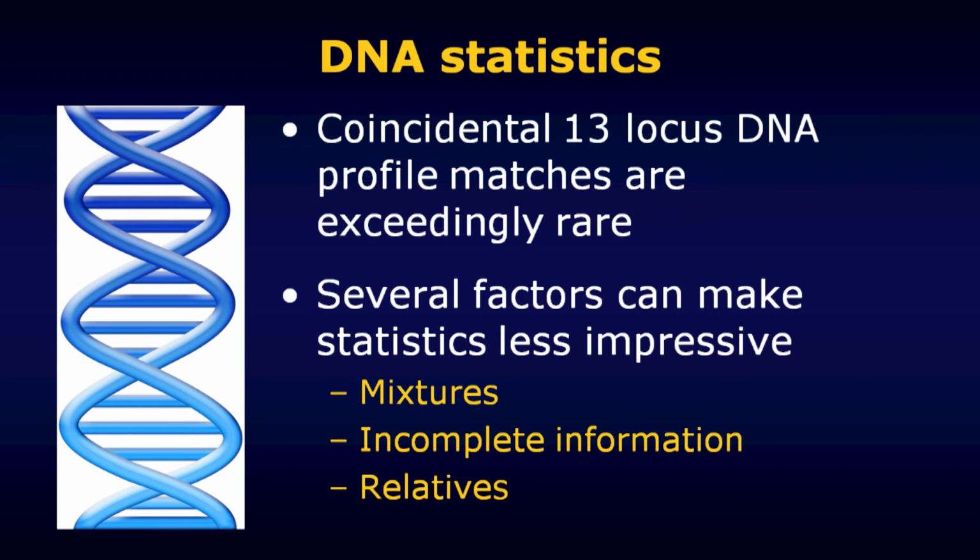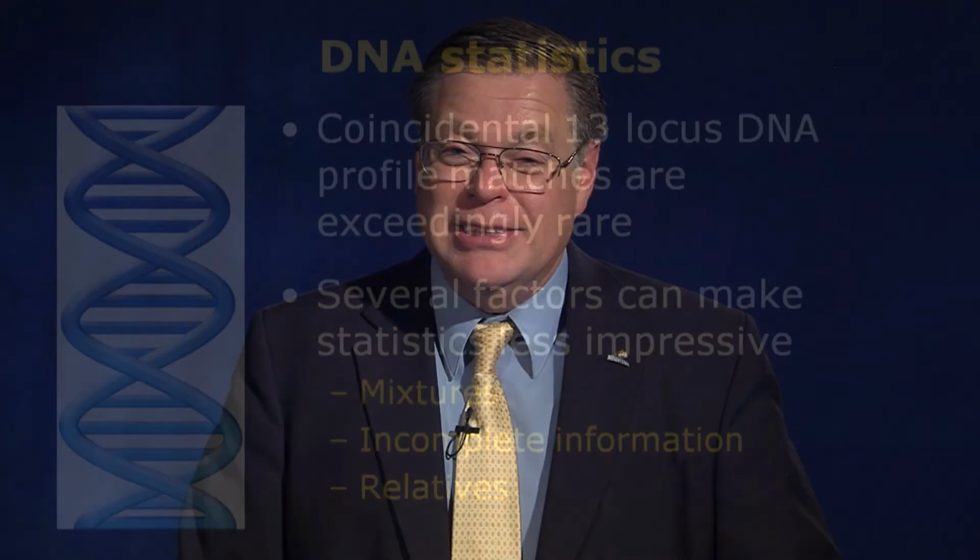But think, seriously, 1 in 100 billion, that's telling me pretty much the same answer that 1 in 609 quintillion was telling me. That's telling me that the individual that we've found that matches the evidence sample's DNA profile is virtually certain, to the exclusion of all others, the source of that DNA profile, right? The numbers may be off a little bit, but the bottom line stays the same.